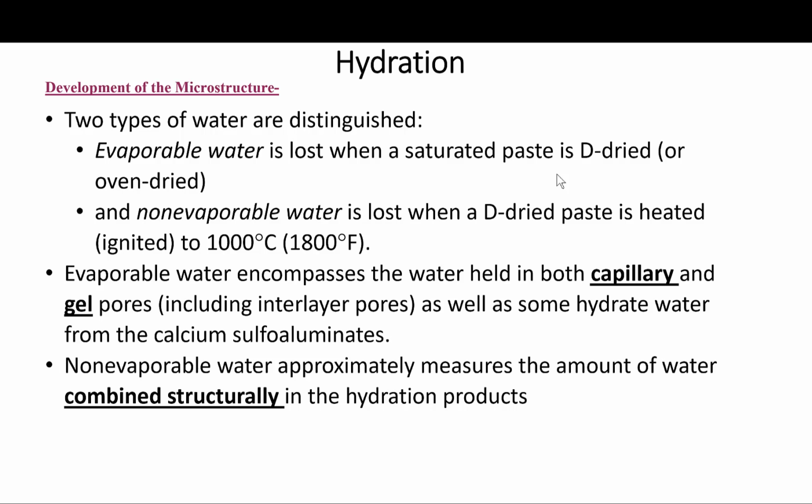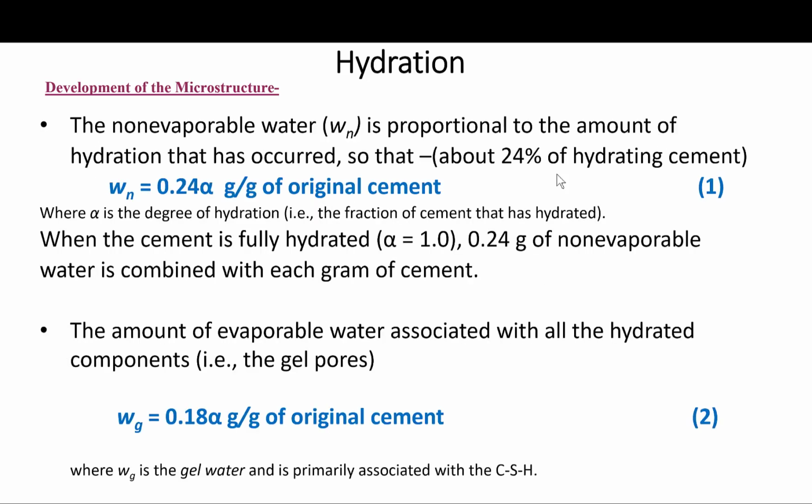The non-evaporable water approximately measures the amount of water combined structurally in the hydration products. That's another fixed assumption that you have to be aware of. The non-evaporable water, denoted as W sub n, is proportional to the amount of hydration that has occurred, which is about 24% of hydrated cement.